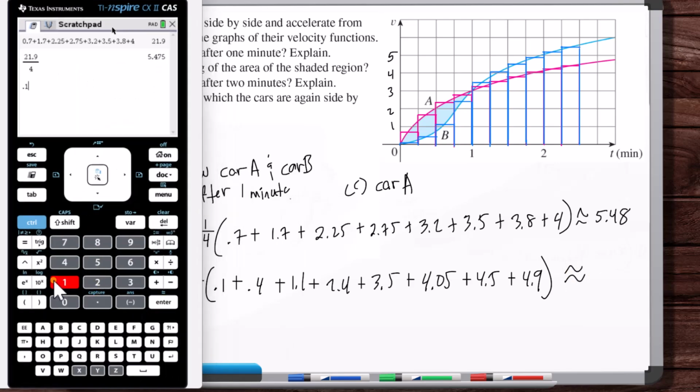So 0.1 plus 0.4 plus 1.1 plus 2.4 plus 3.5 plus 4.05 plus 4.5 plus 4.9, divided by 4, is 5.24.